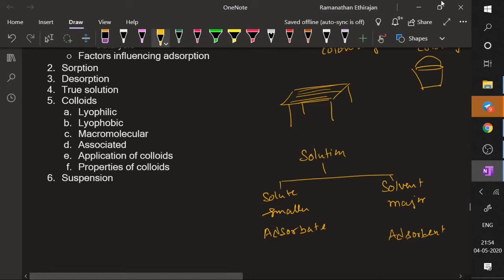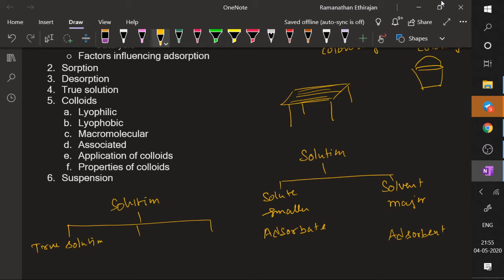And I was talking about the colloidal solution, how colloid occurs. It is based on the solute particle size. So solutions can be classified based on the particle size of the solute. Here you have true solution, and here suspension. In between that you have colloids.